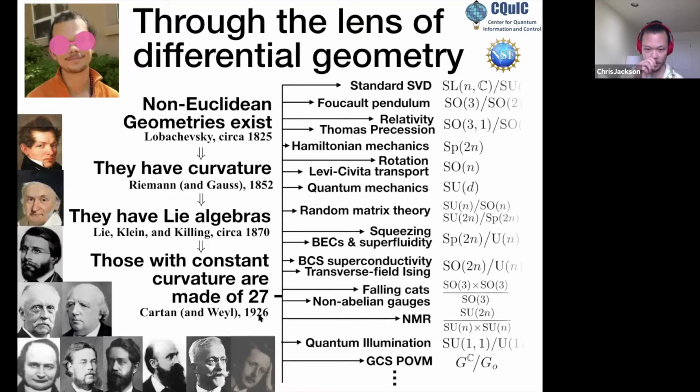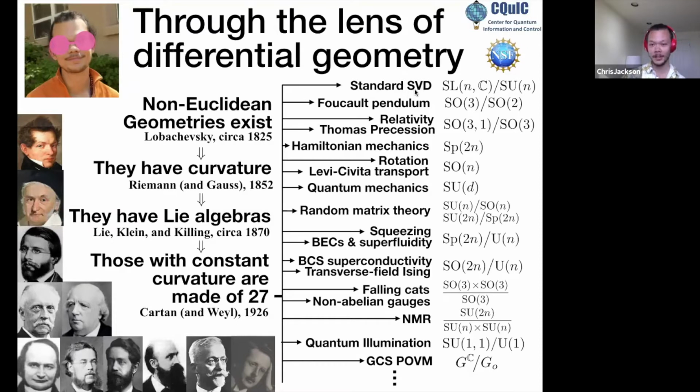Okay, so why do I bother telling you about this? Well, what's cute is that these manifolds of constant curvature have been discovered independently over and over again in physics problems. So let's go through this list a little bit just because it's fun. Maybe a bunch of you are familiar with the singular value decomposition. It turns out that you can think of positive operators as a manifold of constant curvature, and understanding how they interact with unitaries, there's an entire geometric picture.